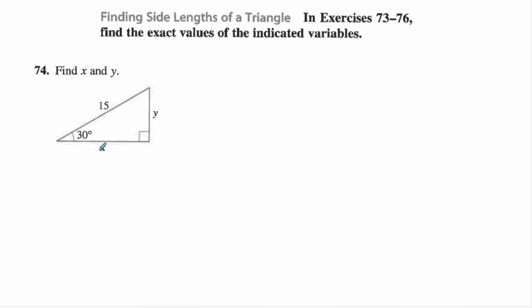Find x and y. There they are, right there. Or, if we set this up, so we know that the sine of 30 degrees is equal to y over 15. Well, the sine of 30 is known. What's the sine of 30? That would be 1/2 is equal to y over 15.